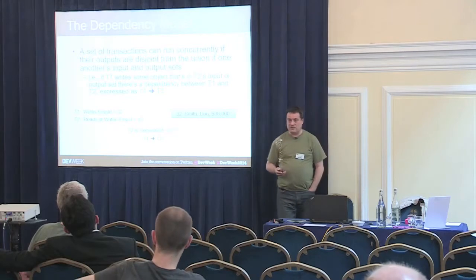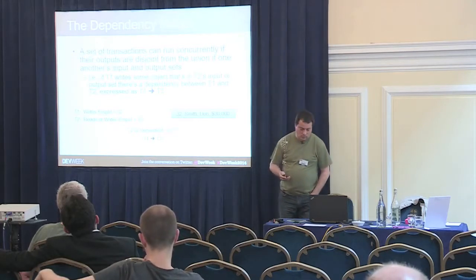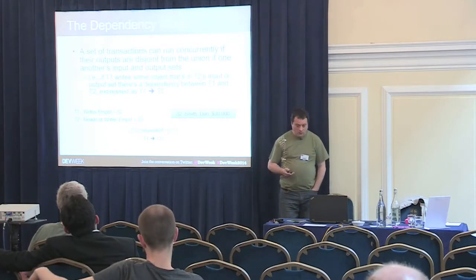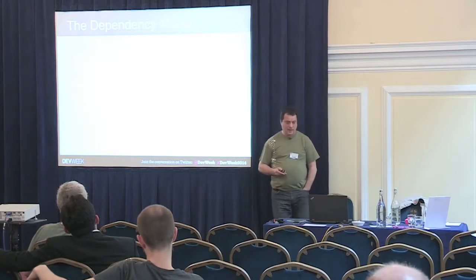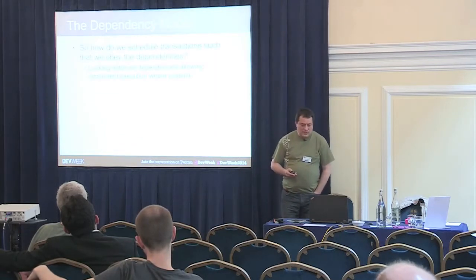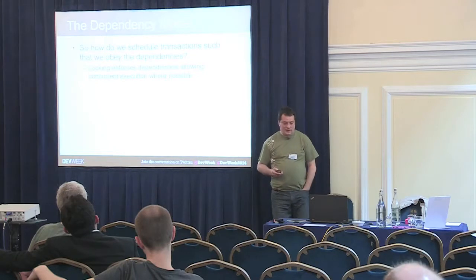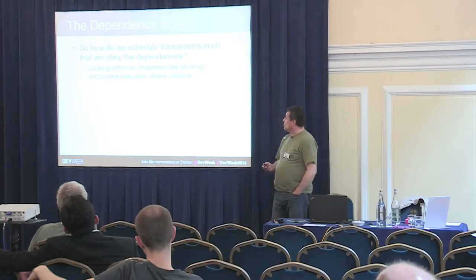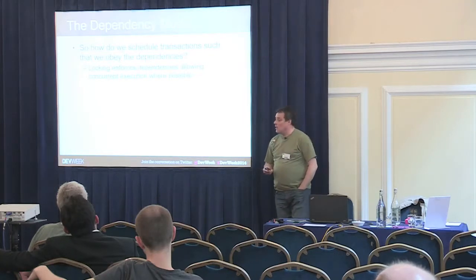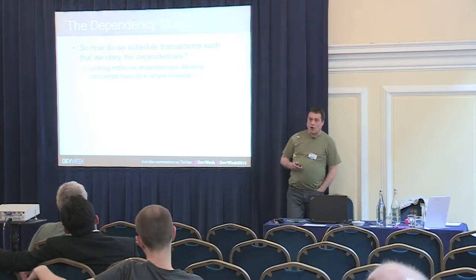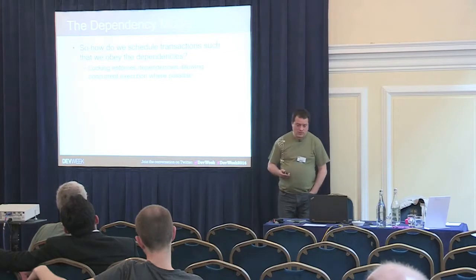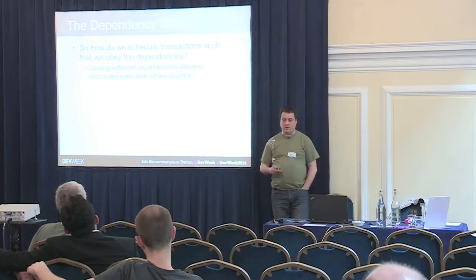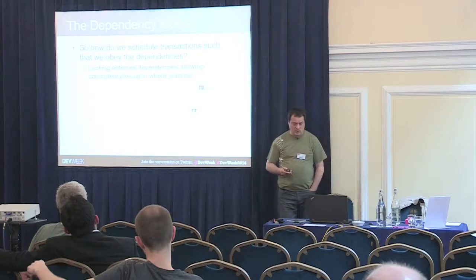We read this from right to left and say T2 is dependent on T1. Now, how do we schedule these transactions so we obey the dependencies? Typically, we start with locking to enforce these dependencies and use as little locking as possible to achieve as much concurrency of execution wherever it is possible.